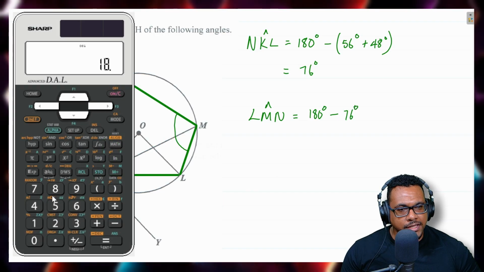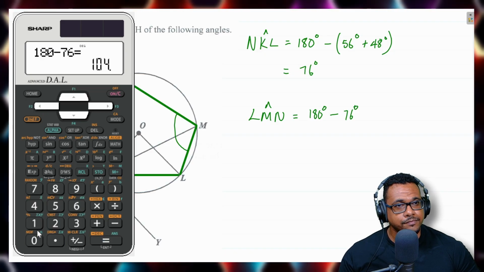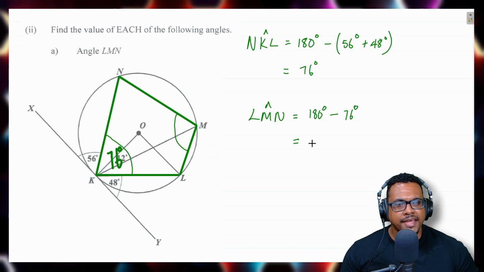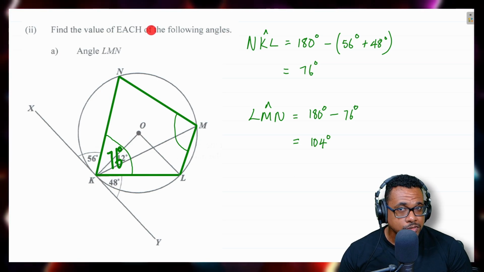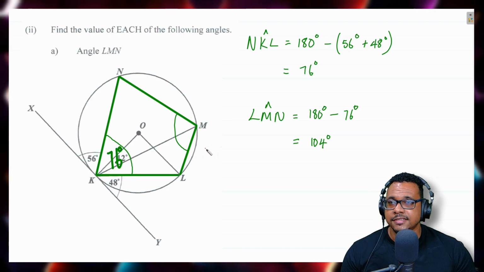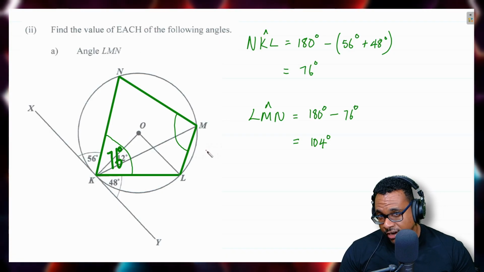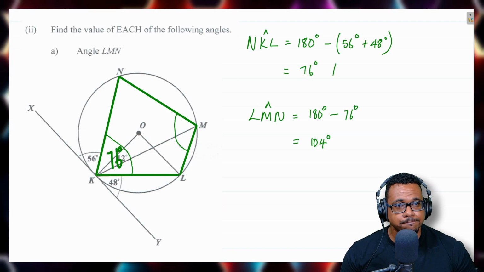All right, so 180 take away 76 is equal to 104. So angle LMN is equal to 104 degrees. Now notice, for this question, they never told us to write a reason for our answers. But because this is a teaching moment, I'll write the reasons. So for this one, the reason would be straight angle.